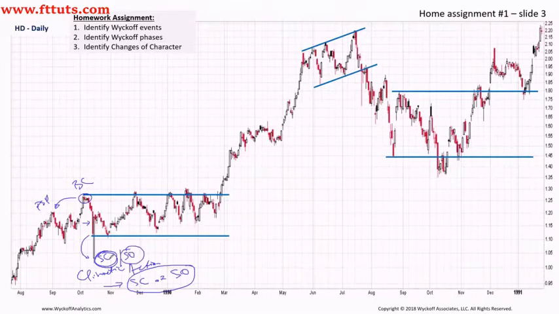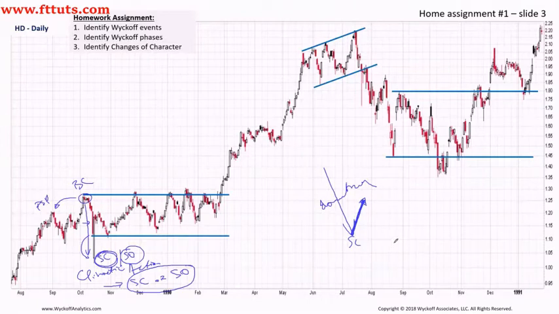What should happen after the selling climax? Not the test. We are in the downtrend. If we experienced a selling climax, then we are in the downtrend. Where is this downtrend? Well, it's this whole move to the downside. So what happens next?